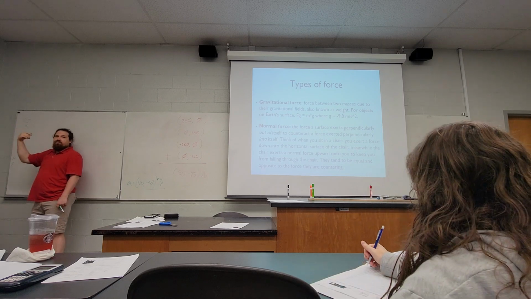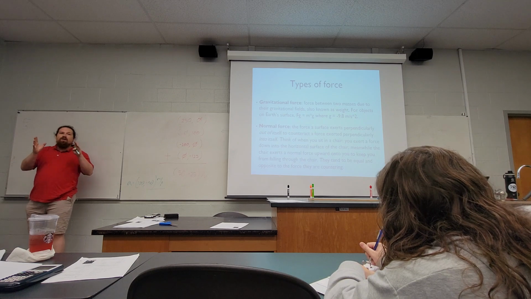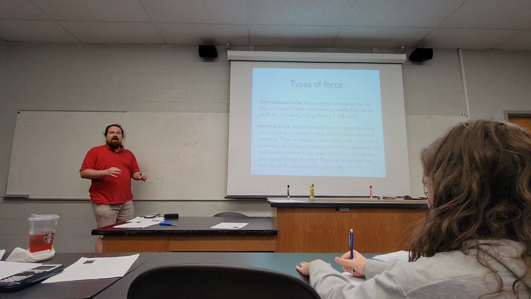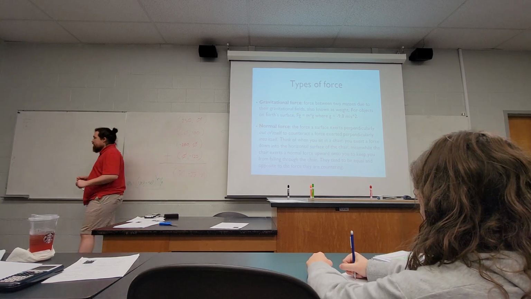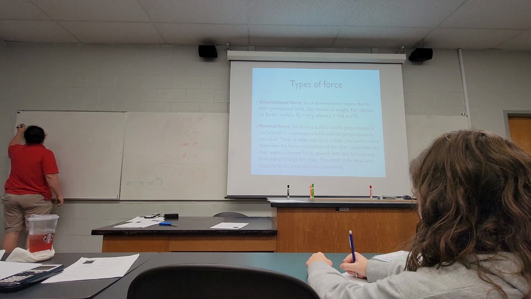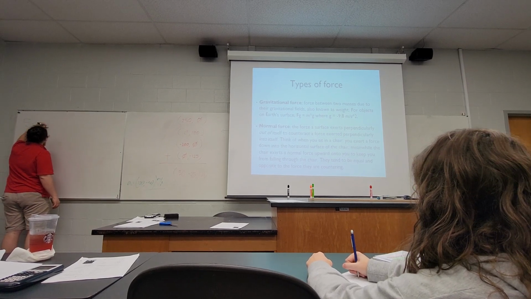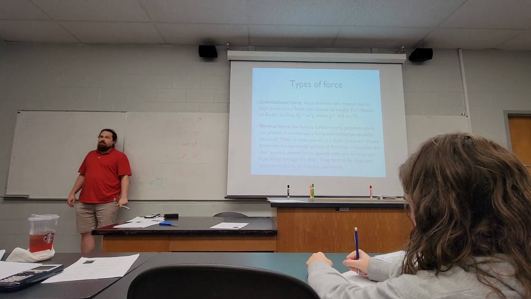So Fg, force of gravity. And force of gravity is once again a synonym for weight. The weight of an object is the force that gravity pulls down on it with. And how you calculate that force on planet Earth is you take that object's mass in kilograms and you multiply it by negative 9.8 meters per second squared.